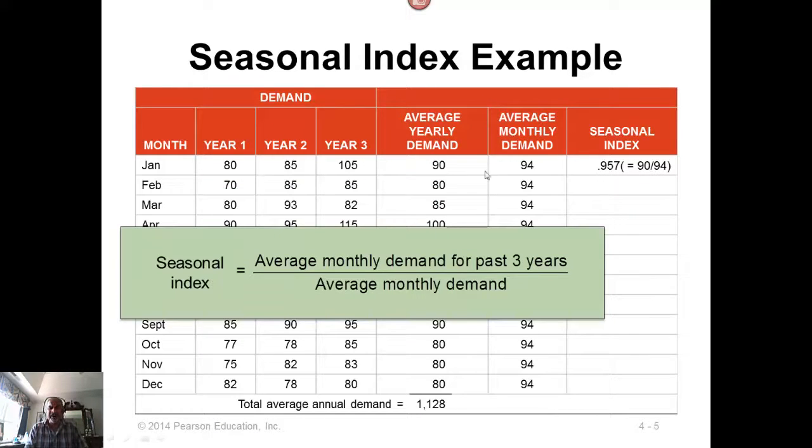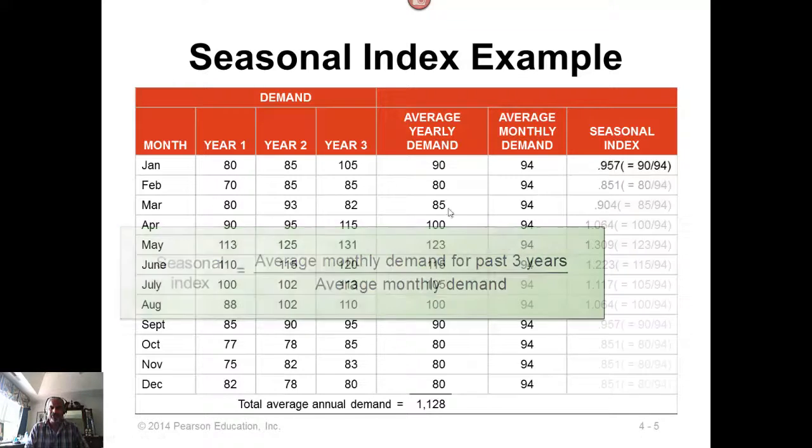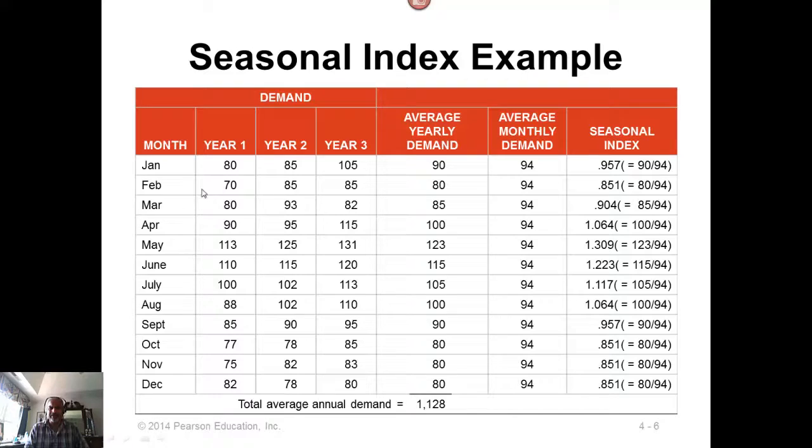Now you divide that 94 into 90, and you get the seasonal index for January. Then divide 94 into 80, you get the seasonal index for February, and so on. So now you have the seasonal factor or seasonal index for each of the 12 months.